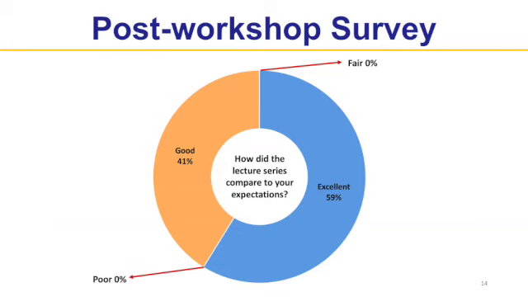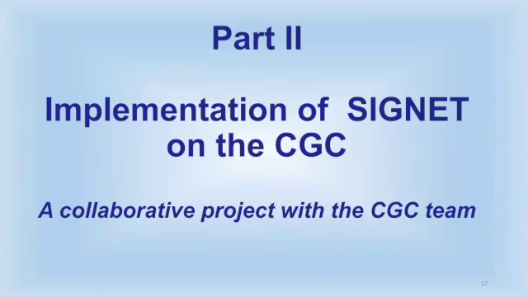The second part is actually a continuation of the discussion from the first part, for the two developers, about how they think about developing tools and implementing them on the CGC platform. This is a collaborative project with the CGC team for a specific package called SIGNET.